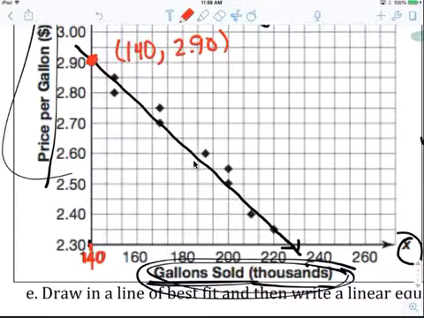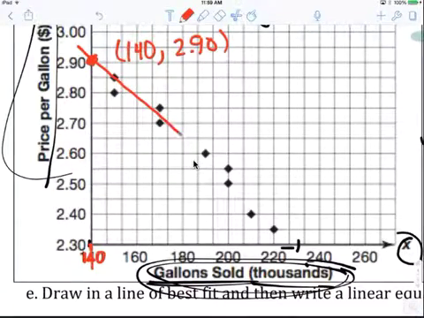The other one, for my line of best fit, this is not a good line of best fit because the best line of best fit is right in between the points like that. Okay, so I'll choose that one because you have this one.